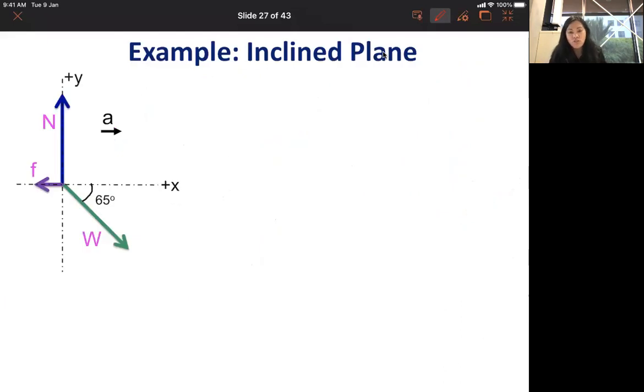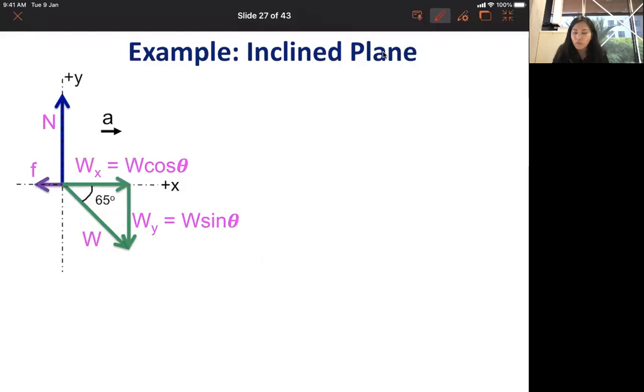Just like the problem of the package being pulled by a string at an angle, we have to get the x and y components of this diagonal weight force: the component along the x-axis, and also the y component.